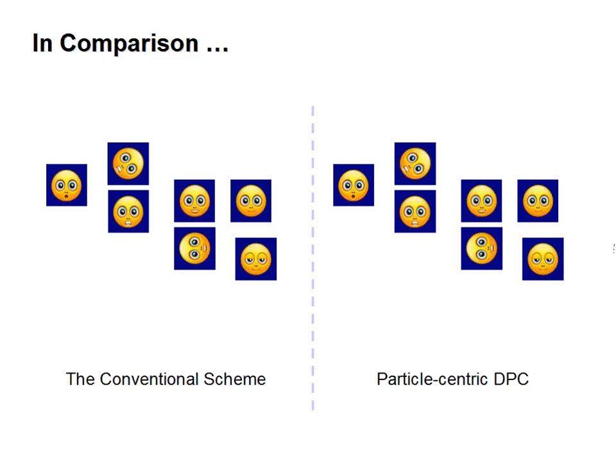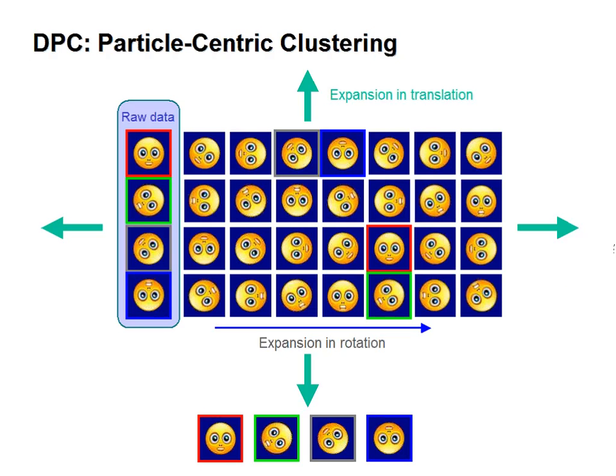Some of those classes will be more populated than the others? It could be, depending on the nature of the data set. For example, if you have preferred orientation, some classes will have a large population. Some others will be very sparse. And you're aligning against the expanded data set or just the raw data set at this point? There's no alignment. I mean the classification.